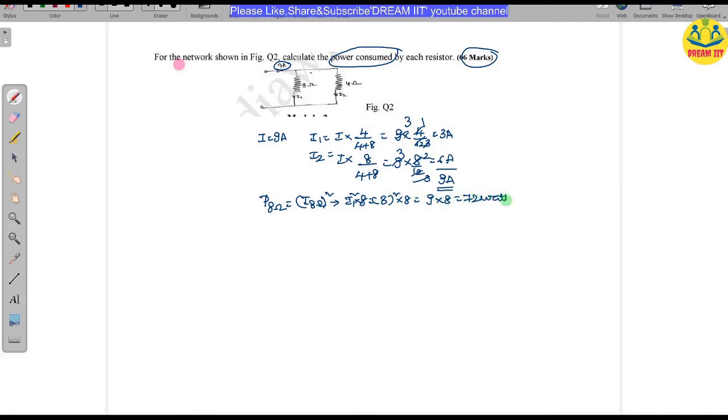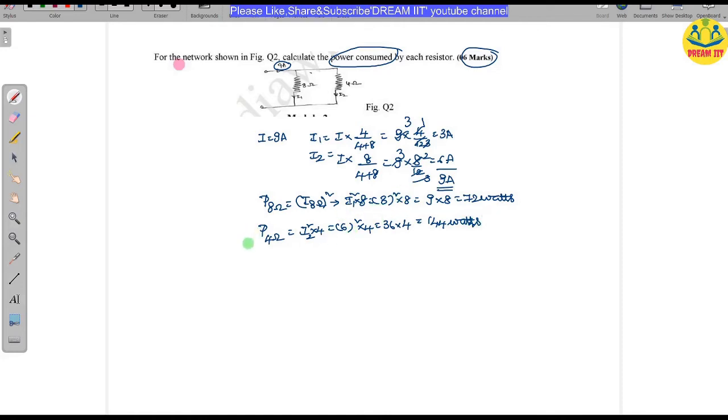Next, power consumed by the 4 ohms resistor, that is I2 square into 4, that is I2 value got as 6 whole square into 4, that is 36 into 4, that is 144 watts.